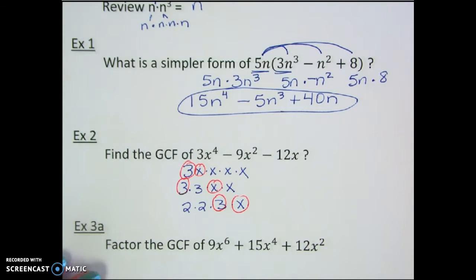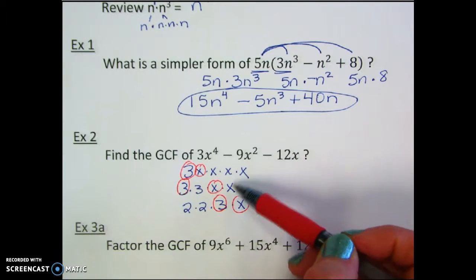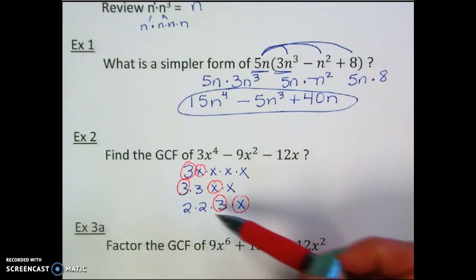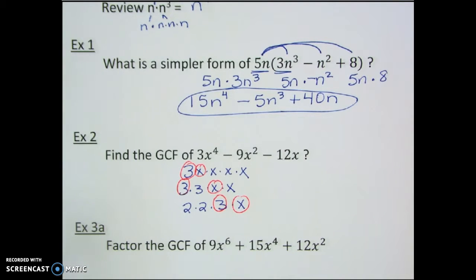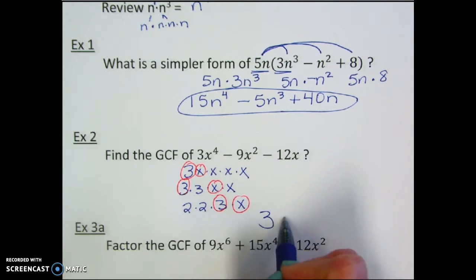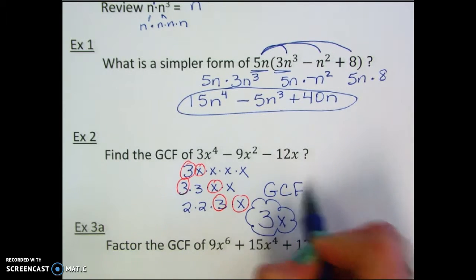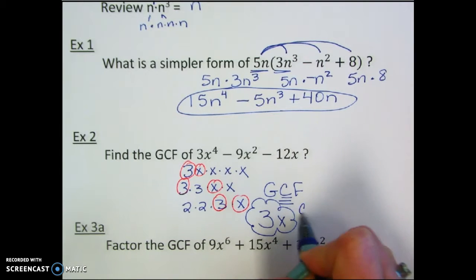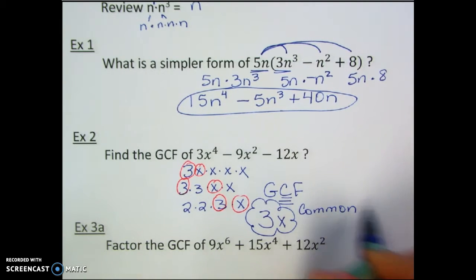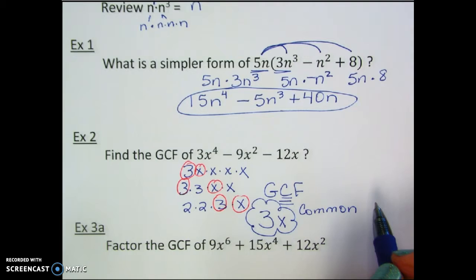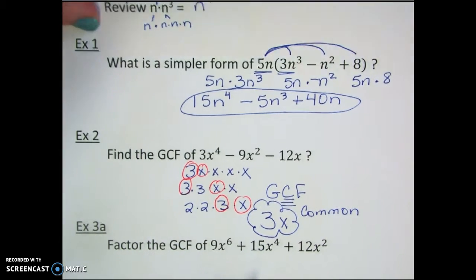And that's the only thing they all three have in common. Now, these two have an x, but this one doesn't have another x. So we got a 3 and an x. And that is your GCF. Remember, we want what they have in common. What they all have.